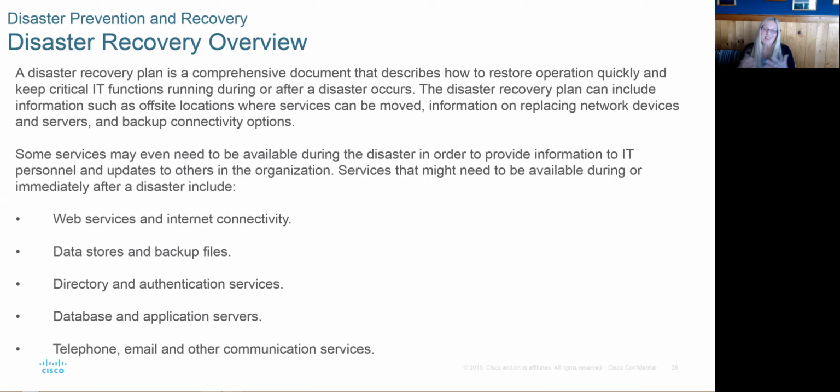Your web services are pretty easy because most of that is cloud-based these days. And if you pay extra for your web services and for your database servers in the cloud, they will geolocate it so that if one area goes down, another one comes up. Your Active Directory and authentication services, right? We all had problems with single sign-on with MyBC because that went down.